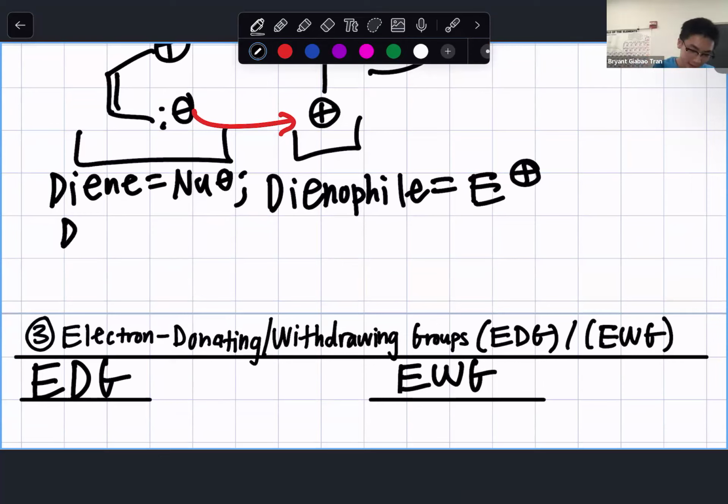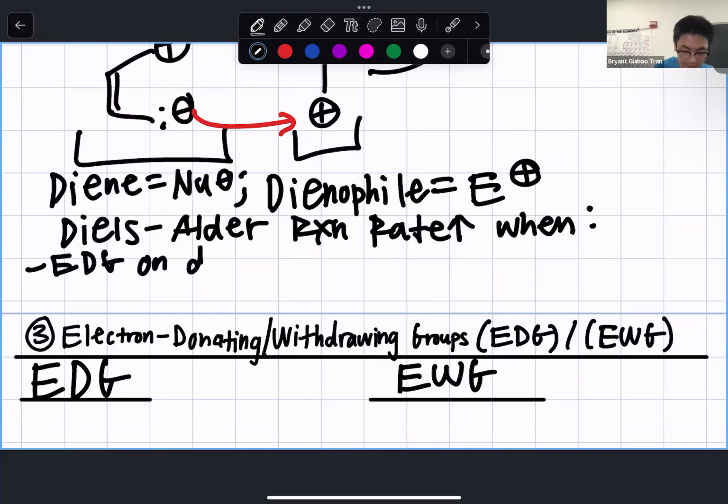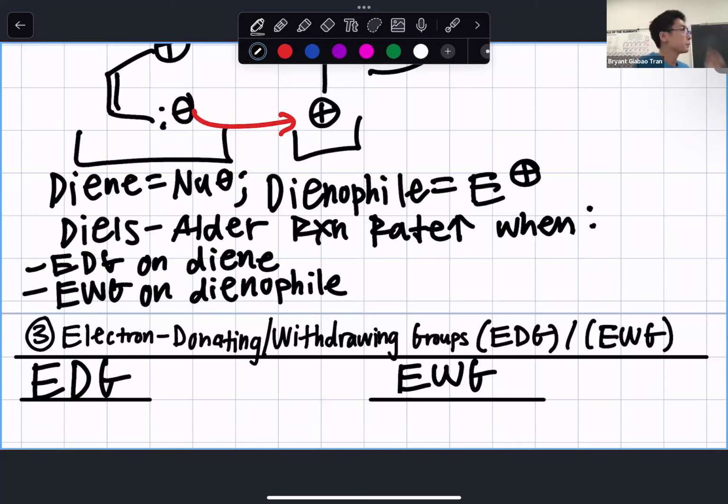Yeah, we want to give it more electrons, so we have to put the EDGs on them. Right? So Diels-Alder reaction rate increases when we have an EDG, electron donating group, on the diene, and an EWG on the dienophile. This is because we want the dienophile to become more positive, to become a better electrophile, and to make it more positive, we have to steal its electrons by adding EWGs, electron withdrawing groups, on it.